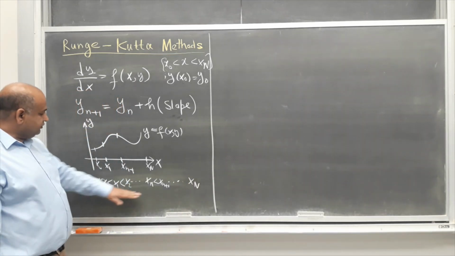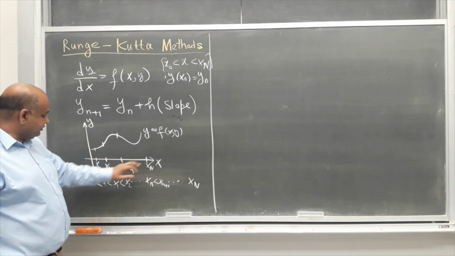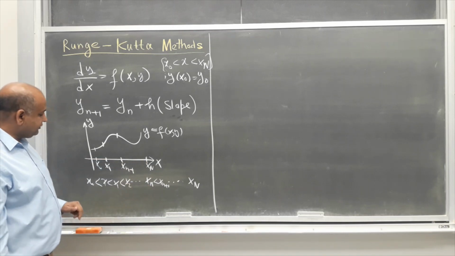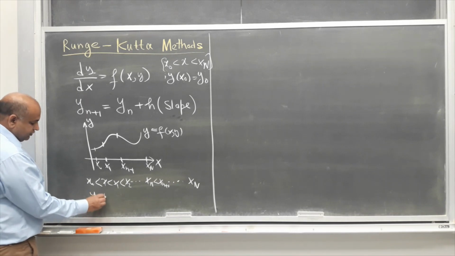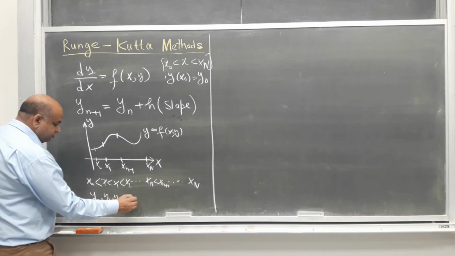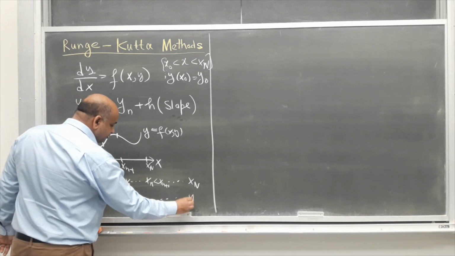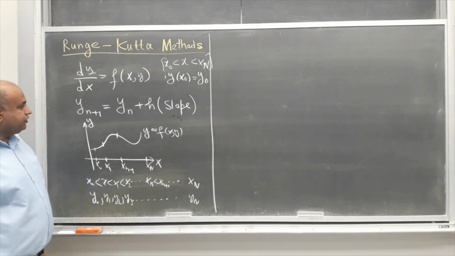So if we have divided our interval of interest into this partition of x, our goal is to find y0, y1, y2, y3, and so on up to yN at each of these points.